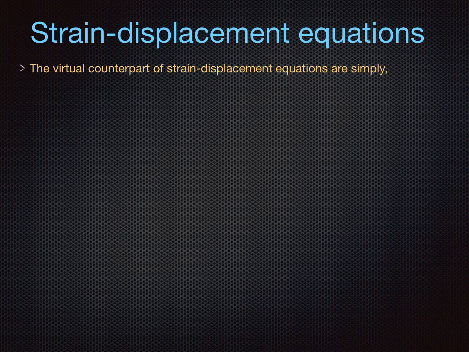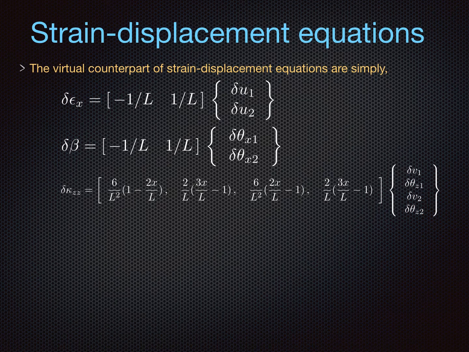Now let's just rewrite them all together and also recognize the fact that we will obviously need the virtual counterparts of the same relationships. And when you look at, for example, the virtual axial strain, the strain displacement matrix is going to be identical to the real field because we'll be using the Galerkin method, right?